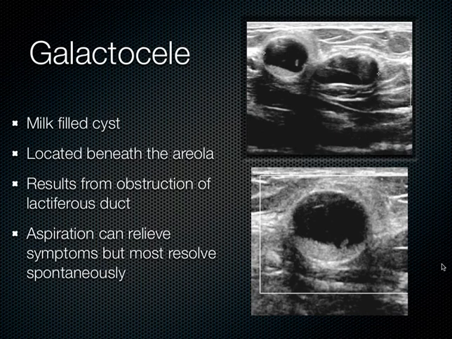Now, sonographically, these galactoceles can sometimes be seen as complicated cysts with some hypoechoic areas and some hyperechoic areas. But depending on the age of its contents and the amount of fat and water within, you'll see varying types of morphologies with these cysts.